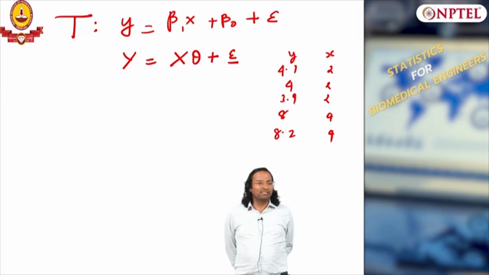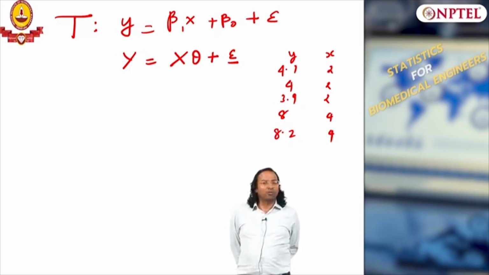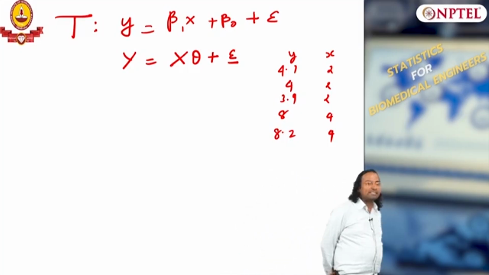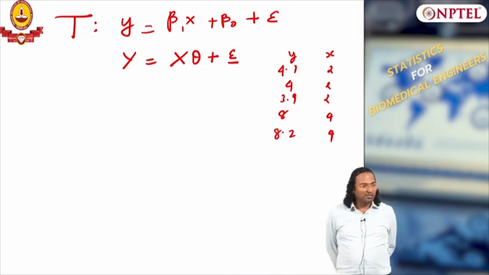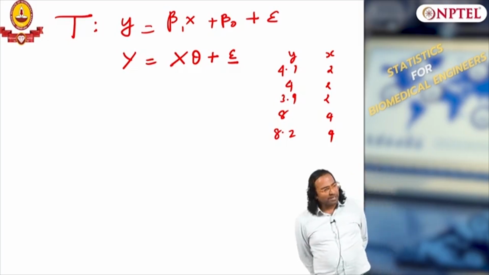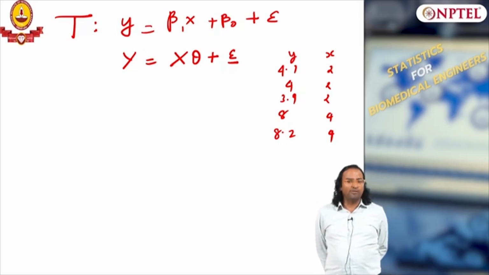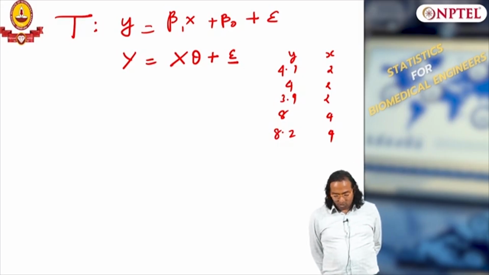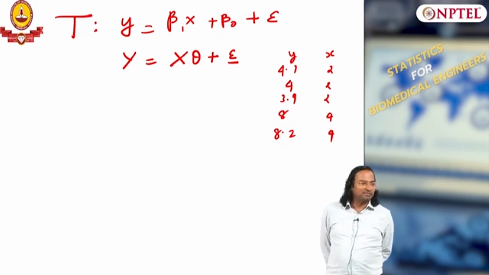2 will not fit every equation, but how many beta values do I want? I want only one beta value. I assume that there is a relation between y and x which is governed by this beta, but I cannot fit multiple beta values, I can only fit one beta value. Now, if beta is 2, then I know that y is close by, but it is not exactly matching.